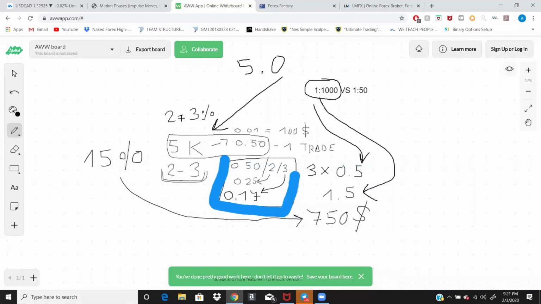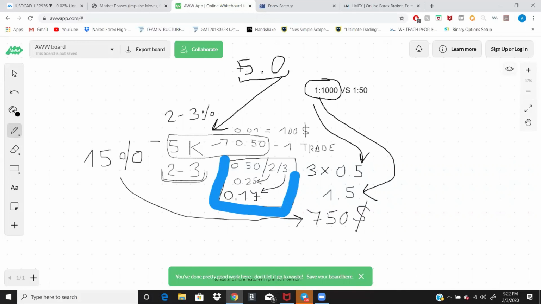It will not allow it to go negative more than 5K, because that's just what they do. They will not allow a bigger loss than what you actually have, right? So they have a safety, like a margin call, that will just close it out if you decide to do something like this.